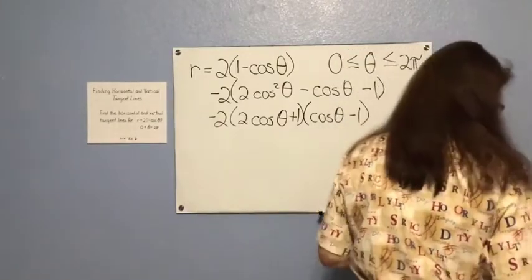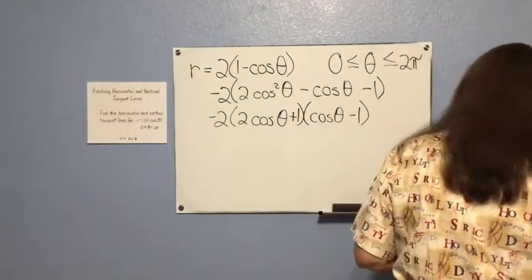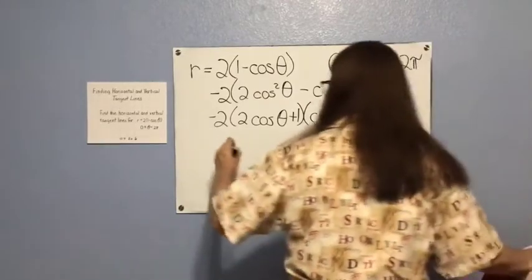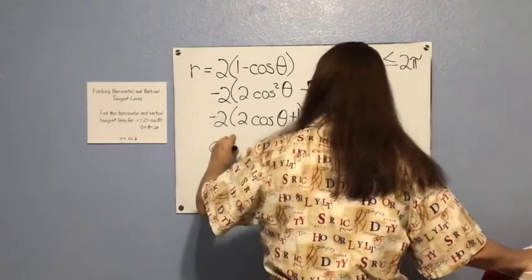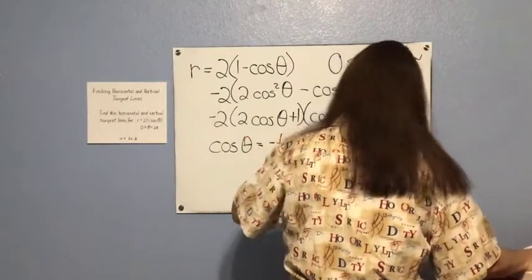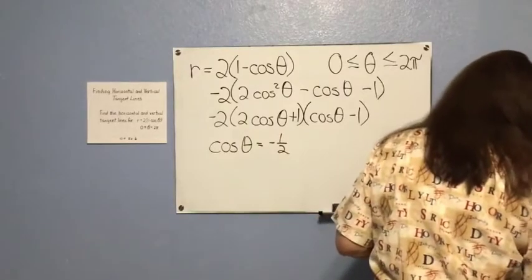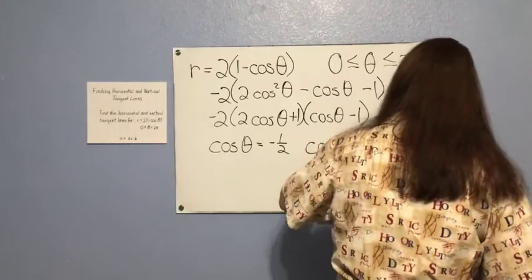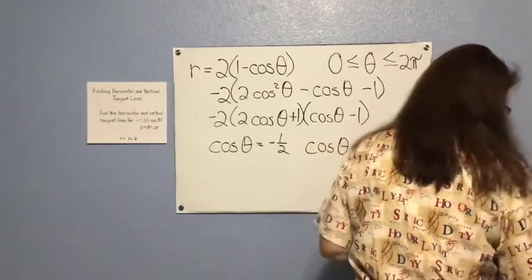Now we're going to set this dy d theta equal to 0. So the cosine of theta equals negative 1/2, and the cosine of theta can also equal positive 1.